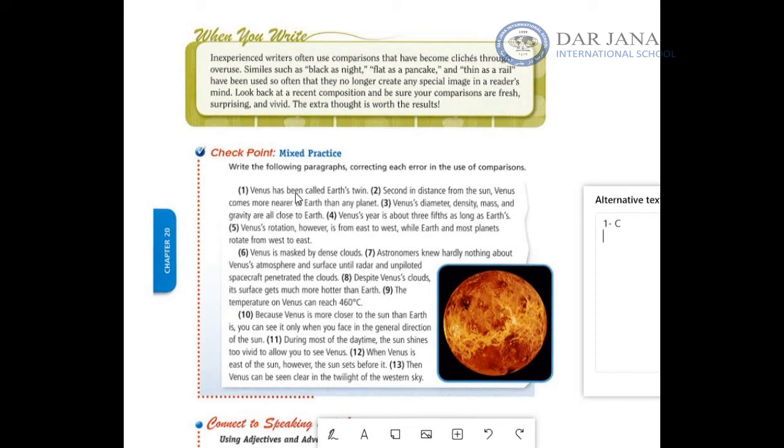It will be nearer. But more is used with multisyllabic adjectives, or adjectives with more than one syllable. So more here is used incorrectly. In order to correct it, we need to write only the word nearer and cancel the word more.